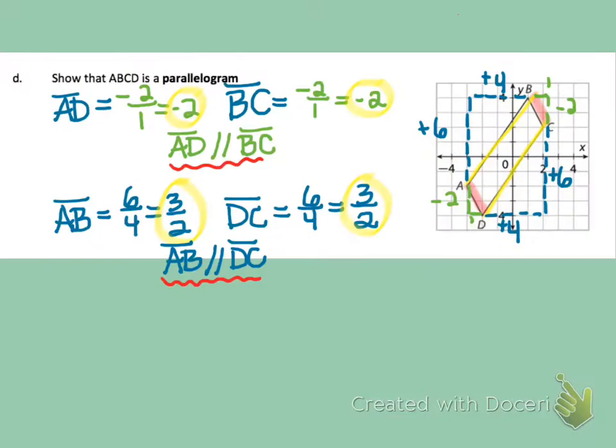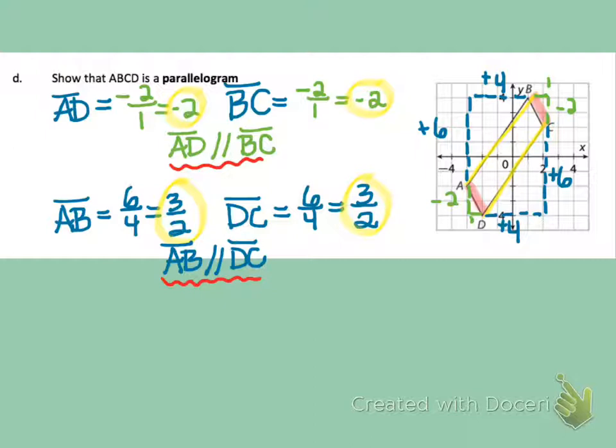And in D, I had to verify both opposite pairs being parallel. So looking at AD and BC, those were both a -2 slope. And again, just this particular one, I just used counting the rise and run. When they're graphed, that's pretty much the easiest way.